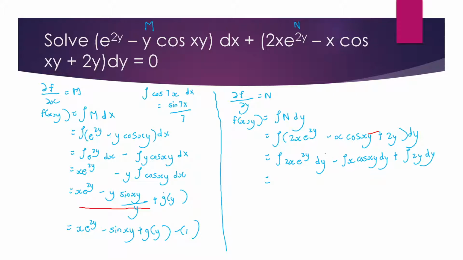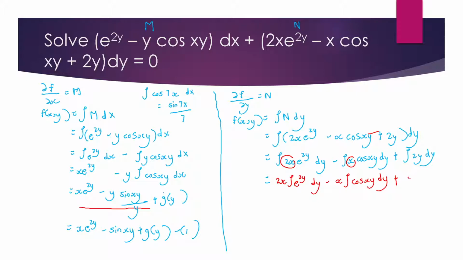When you integrate with respect to y, x is constant. So 2x here is constant. Let me change the color. This is constant, so you can factor out the constant 2x and then integrate e^(2y) dy. Likewise, factor out the constant and integrate cos(xy) dy.